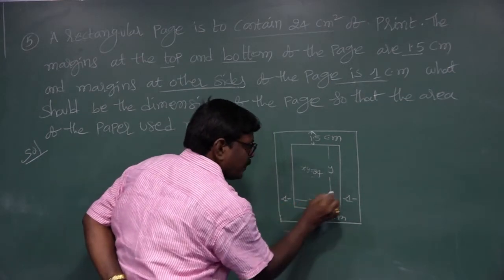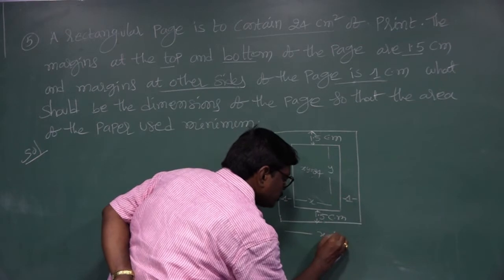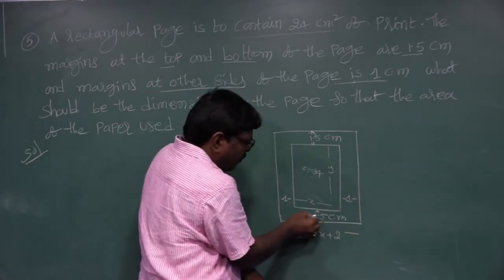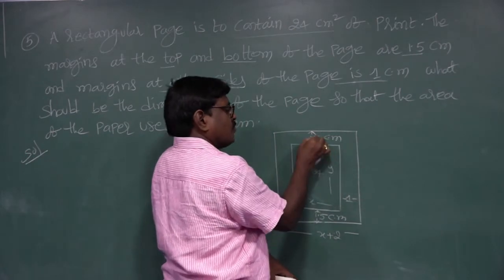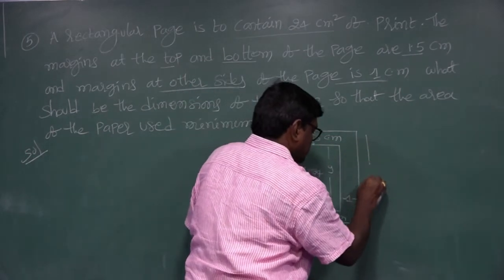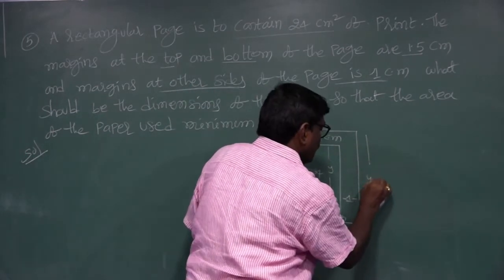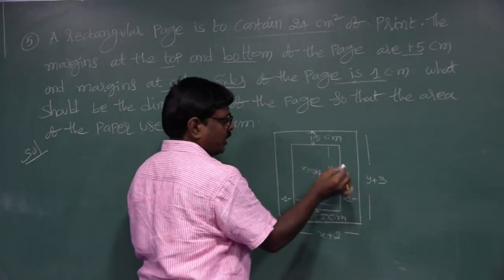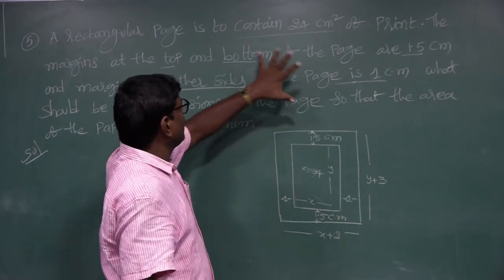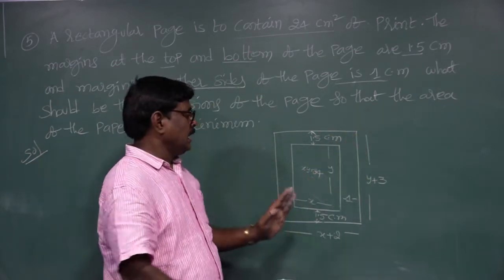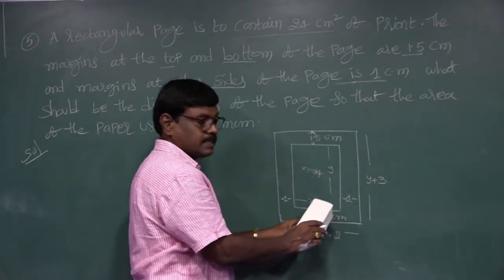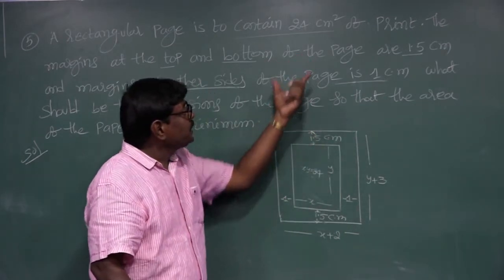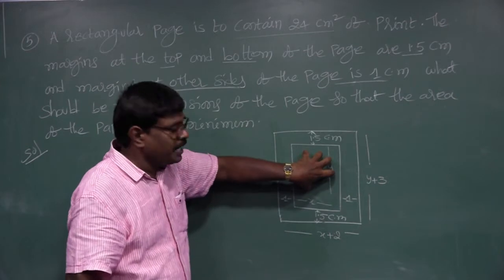Now this total length is 1 plus x plus 1, so x plus 2. The total breadth is 1.5 plus y plus 1.5, so y plus 3. This is the given data. This is the page, and this is the printed area.